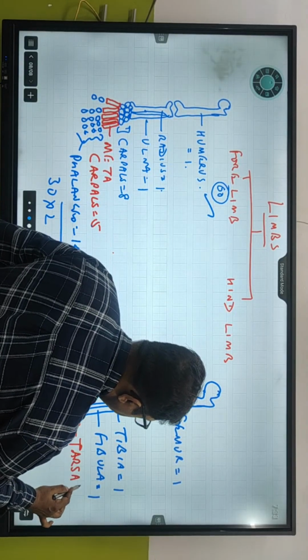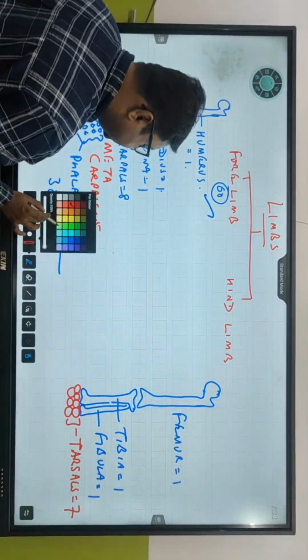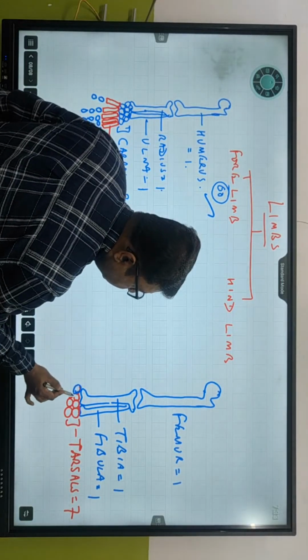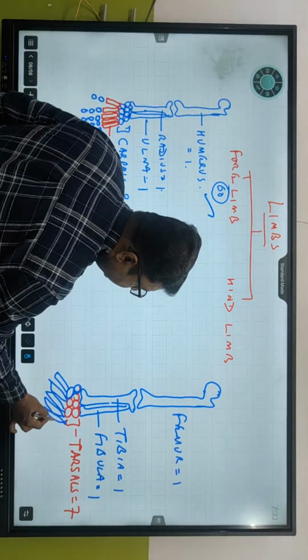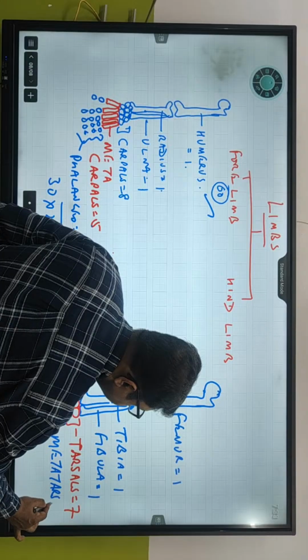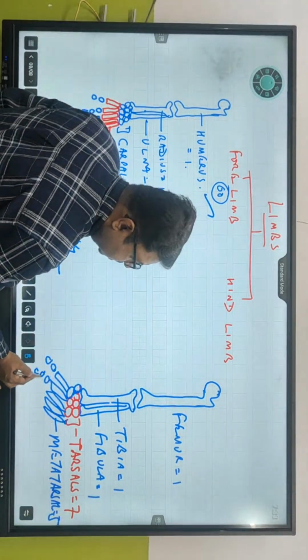And then there are metatarsals: 1, 2, 3, 4, 5. 5 of them are metatarsals. In the hallux 2 and the rest 3.